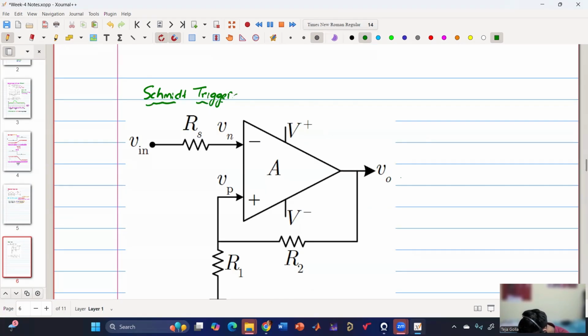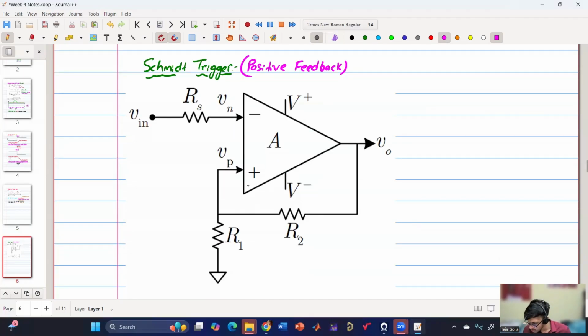This is one of the positive feedback circuits. Usually op amp is connected in negative feedback because that is stable, but this is one of the circuits where it is connected in positive feedback. As you can see, the feedback from V0 is connected to the positive terminal. You know that the current entering the input terminal of the op-amp is 0.